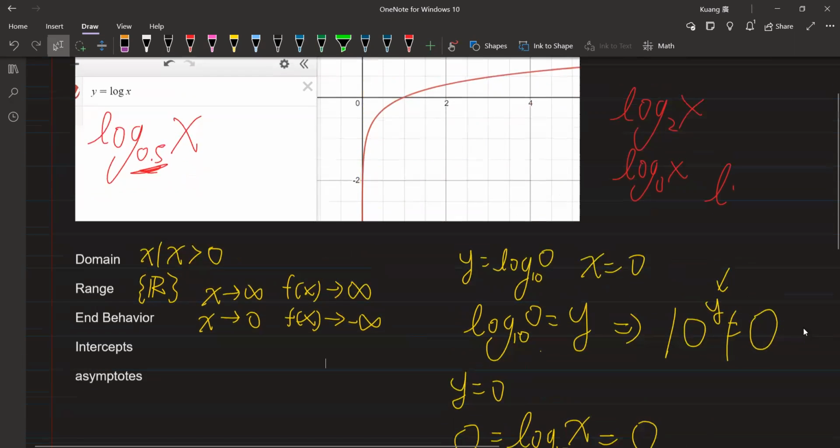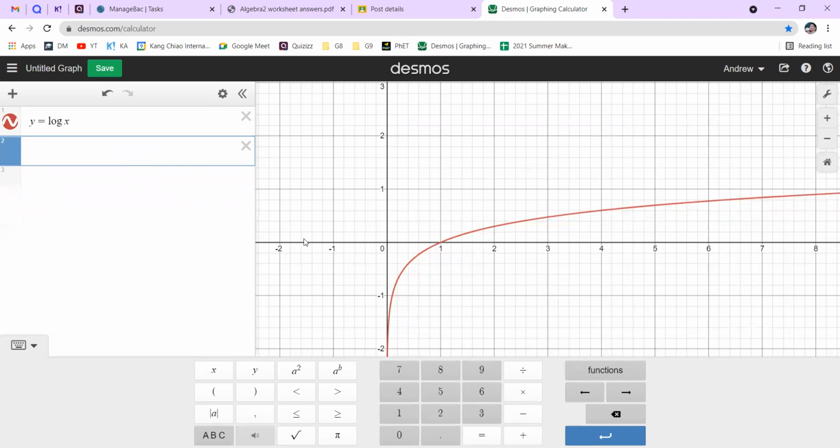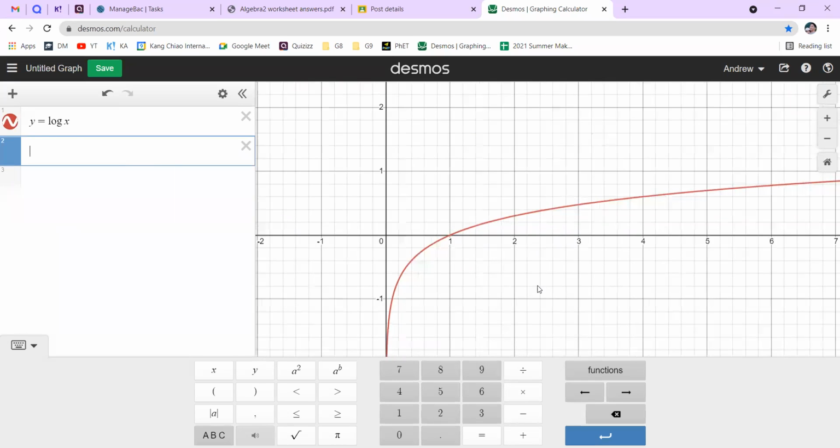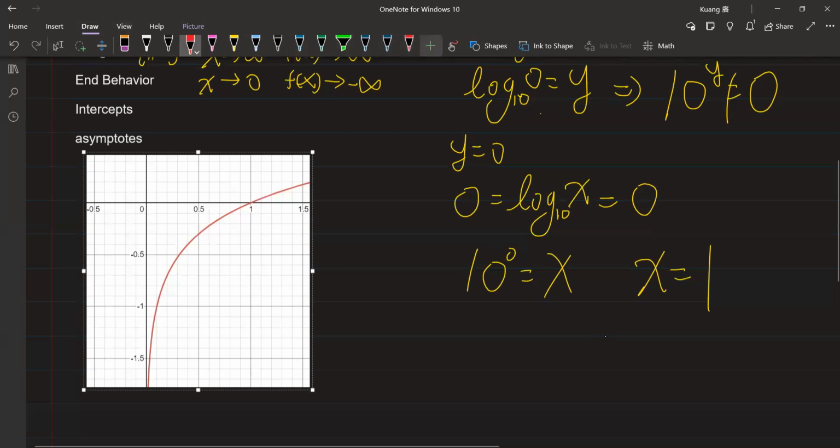All right, what is the asymptote? Let's go back to here. An asymptote is a straight line. Usually, not always, but usually an asymptote is a vertical or horizontal straight line.